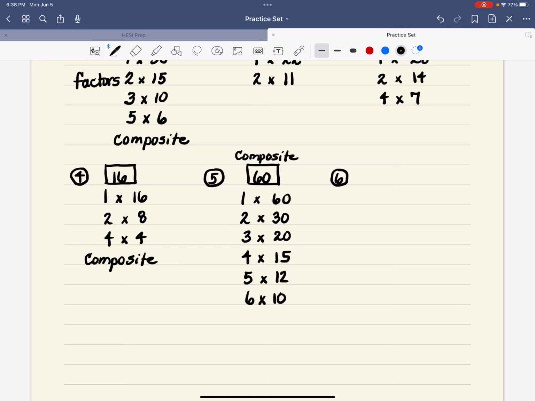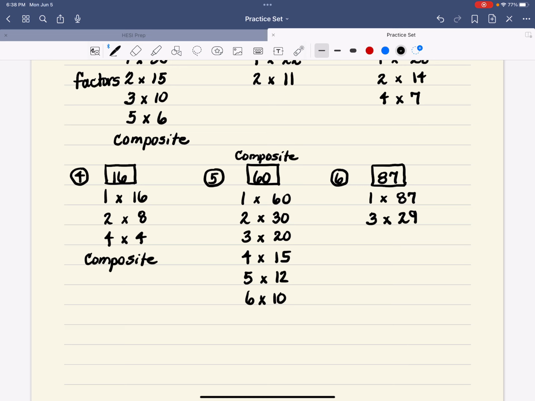Number 6, 87. I know 1 times 87 will work, but is that all? 2 won't work because it's not even. Let's try 3. It may be prime. Nope, it's not. 3 times 29. 4 won't. 5 won't.